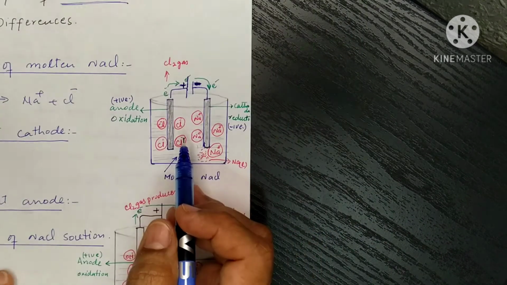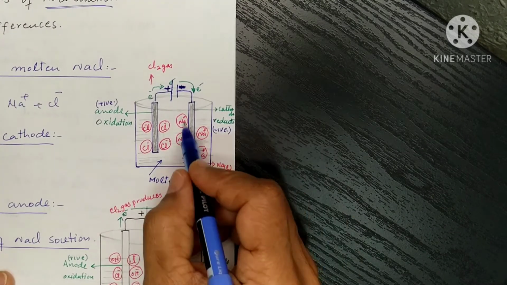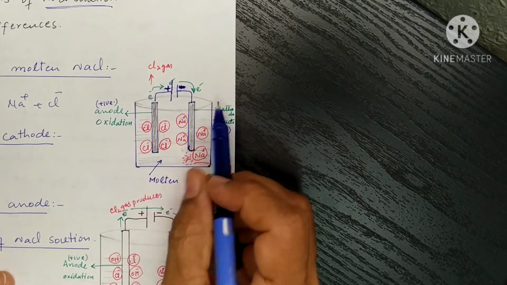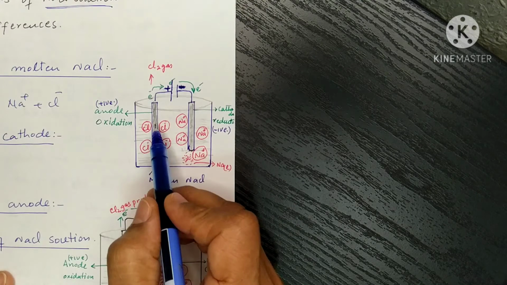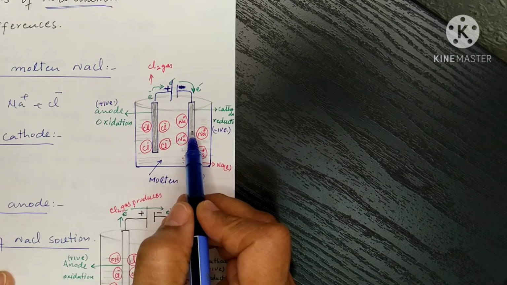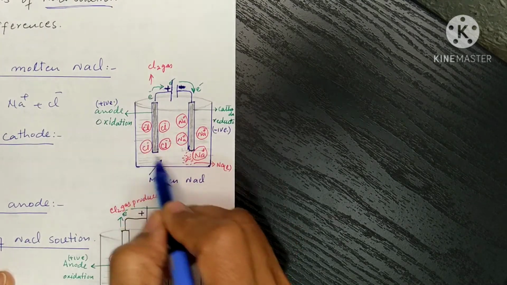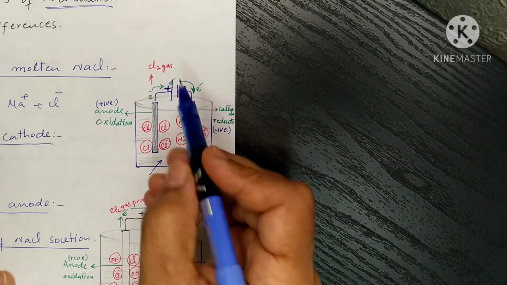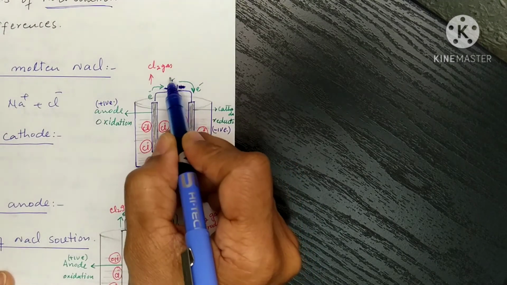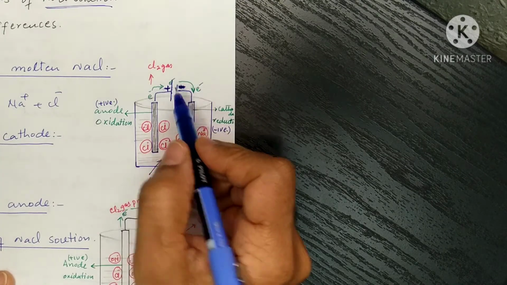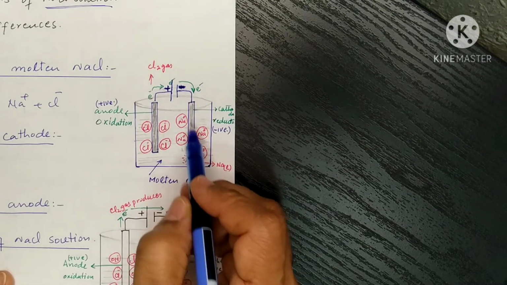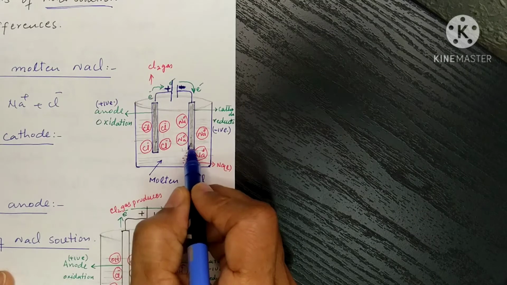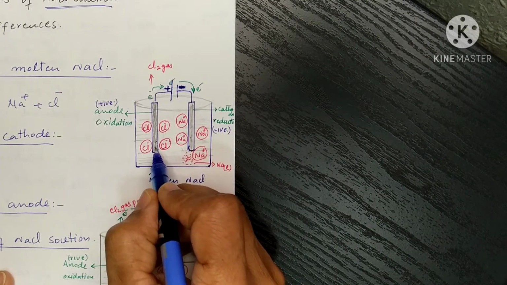If we see the molten solution of sodium chloride, we have this container. It has 2 electrodes, one positive electrode, the other the negative electrode. In this container we have molten sodium chloride, and these electrodes are connected with the power supply. When electric current passes through them, the positive ions move toward the cathode and negative ions move toward the anode.